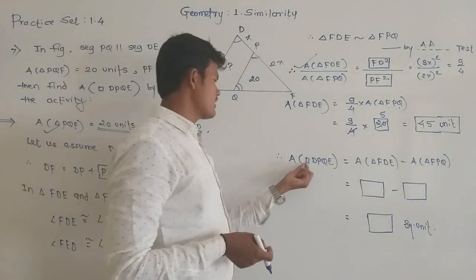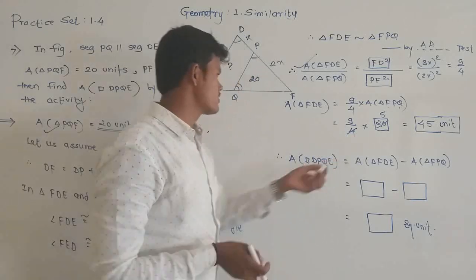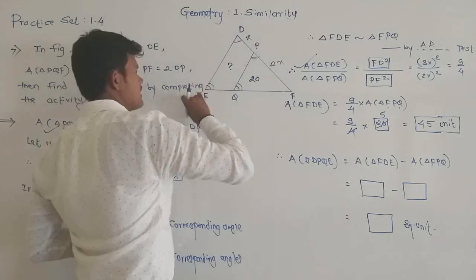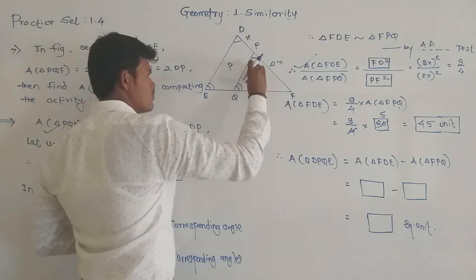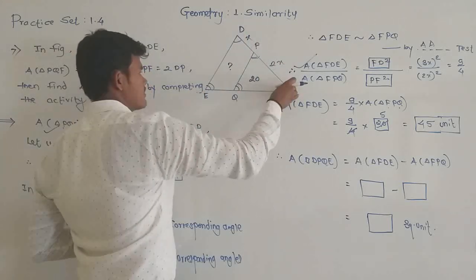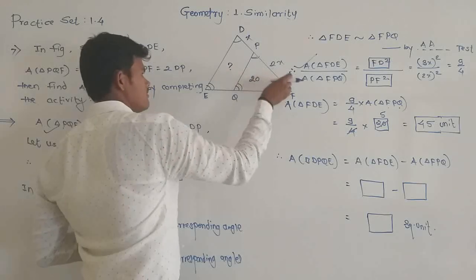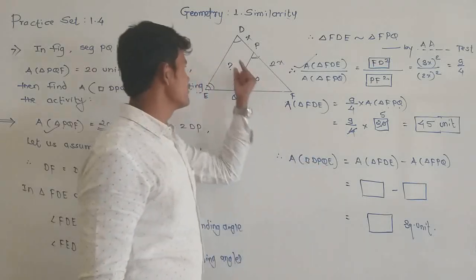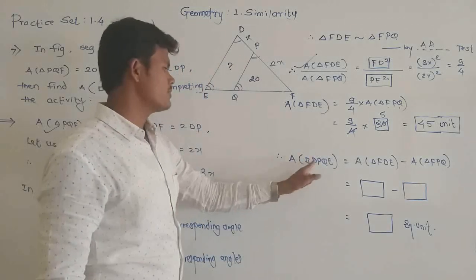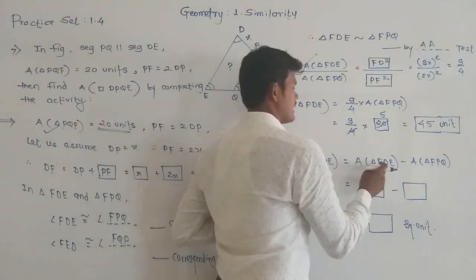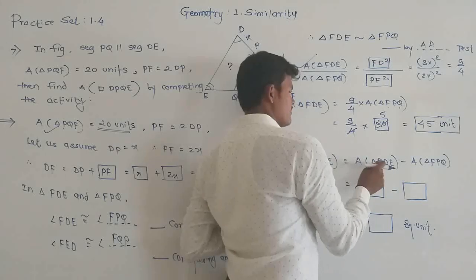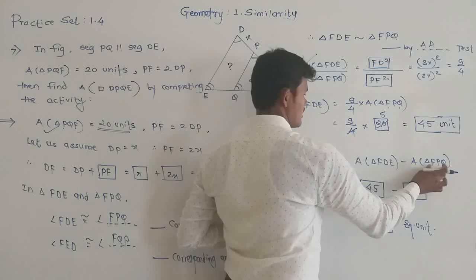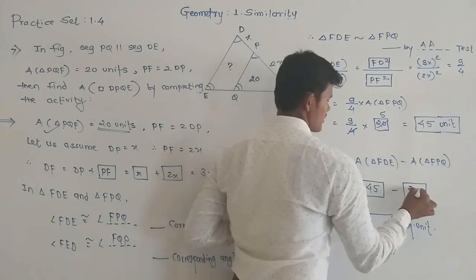So the area of quadrilateral DPQE is equal to the area of triangle FDE minus the area of triangle FPQ. FDE is the larger triangle and FPQ is the smaller triangle. After subtracting the area of the smaller triangle from the larger triangle, we get the area of the remaining quadrilateral DPQE. The area of the larger triangle FDE is 45 units and the area of the smaller triangle FPQ is 20 units.